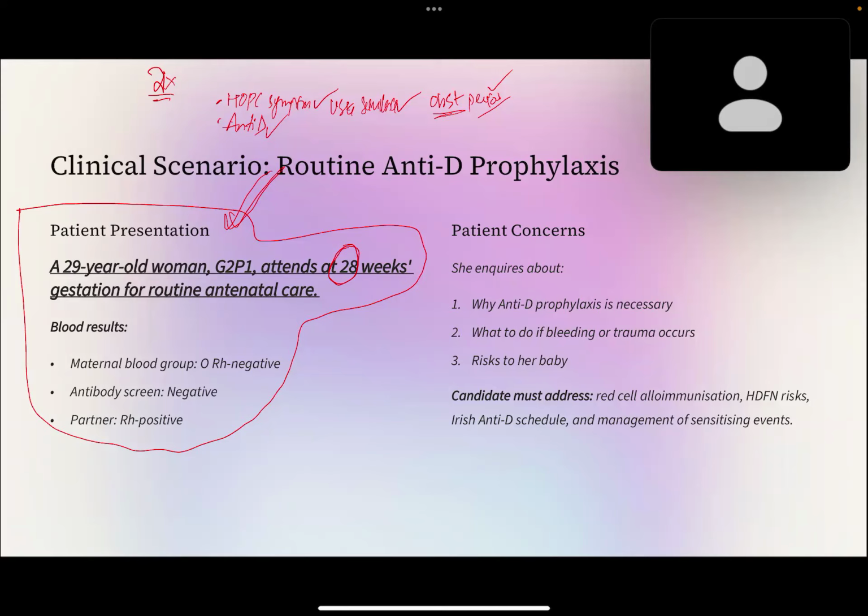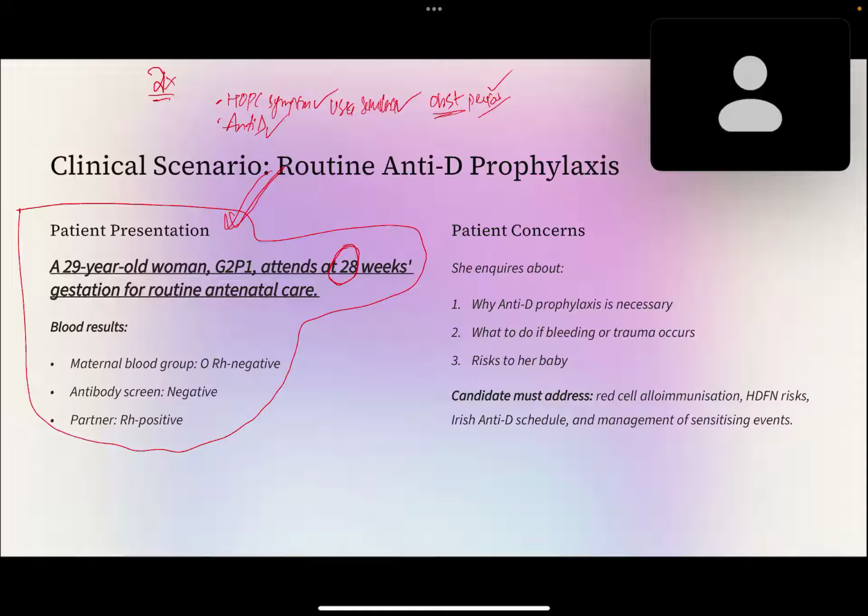And what are any specific requirements for the labor? What is the mode of delivery and any precautions?